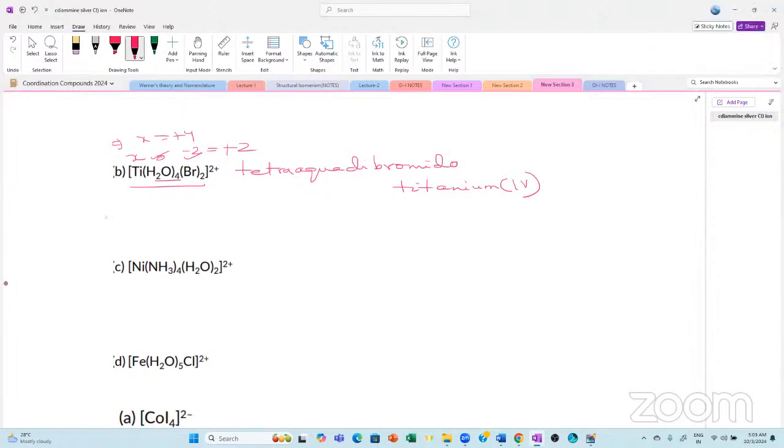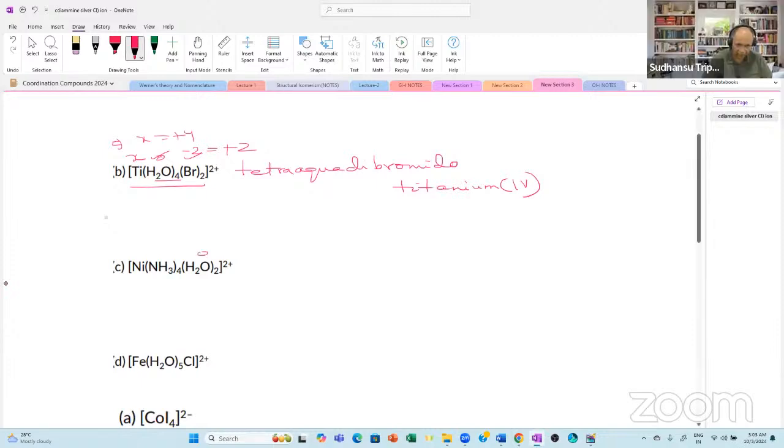Tetraamine diaqua nickel 2 ion. Yes, because amine and aqua are both 0, the net charge of the complex will be the same as the oxidation state of the central metal. So it will be tetraamine, diaqua, nickel, 2 ion.